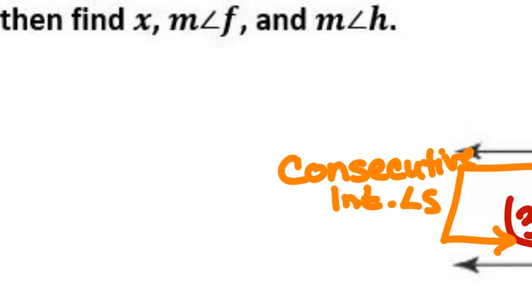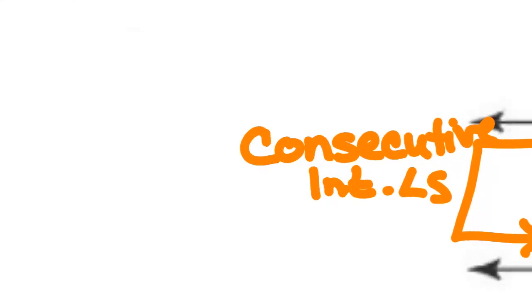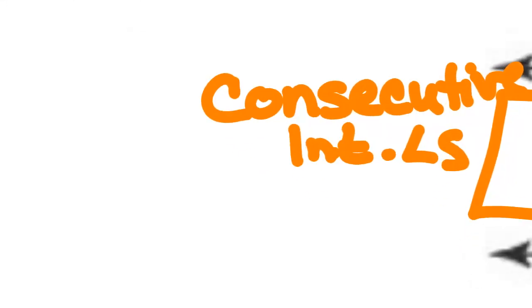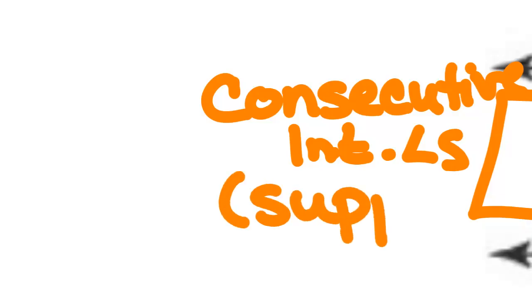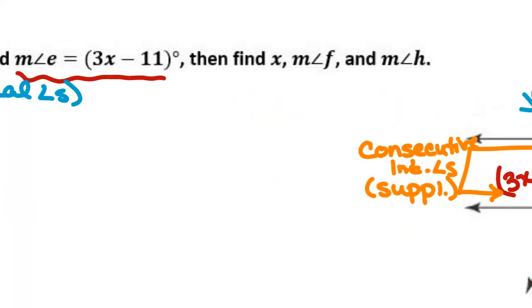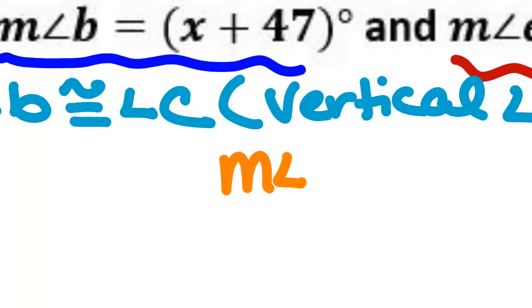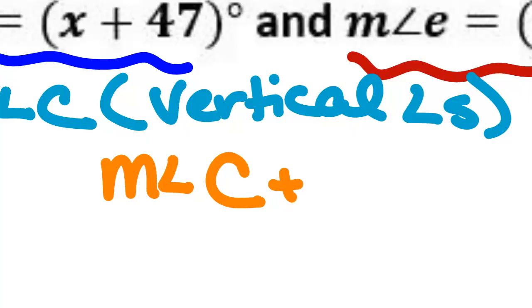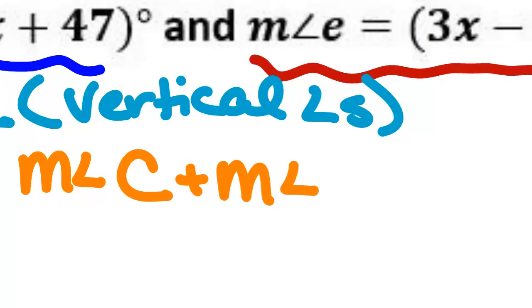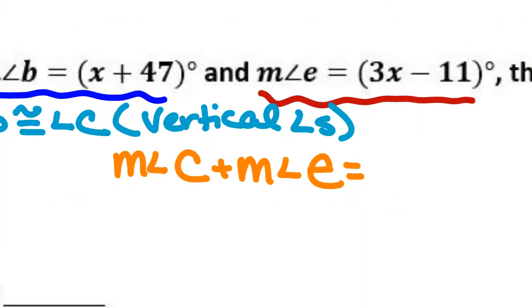What's true about consecutive interior angles? Are they congruent or supplementary? Supplementary, yes. So that means that the measure of angle C plus the measure of angle E is equal to 180 degrees.